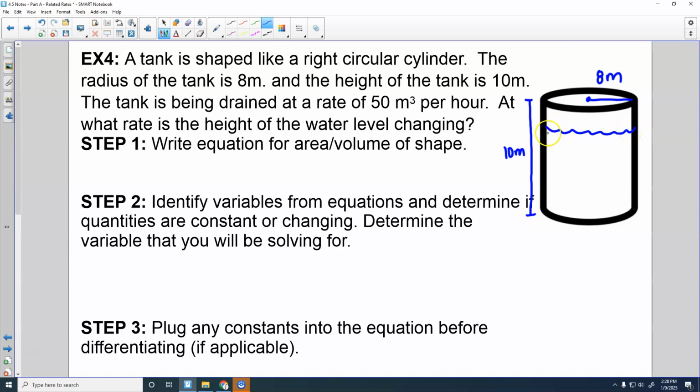So that water level, which I'm going to call H right here, is actually the height of the amount of water in the tank. Is the height of the water ever 10? Only one time, whenever it's 100% full, and we don't even know if it starts off being full, right?